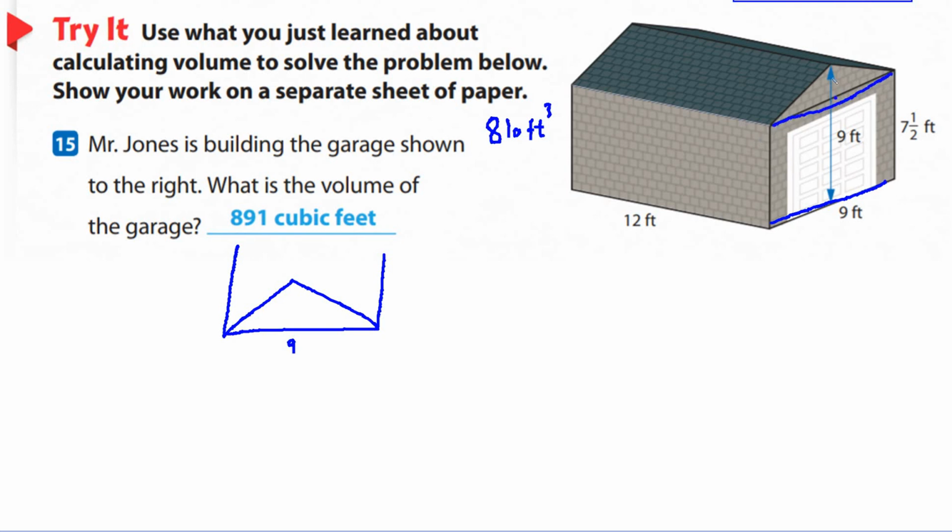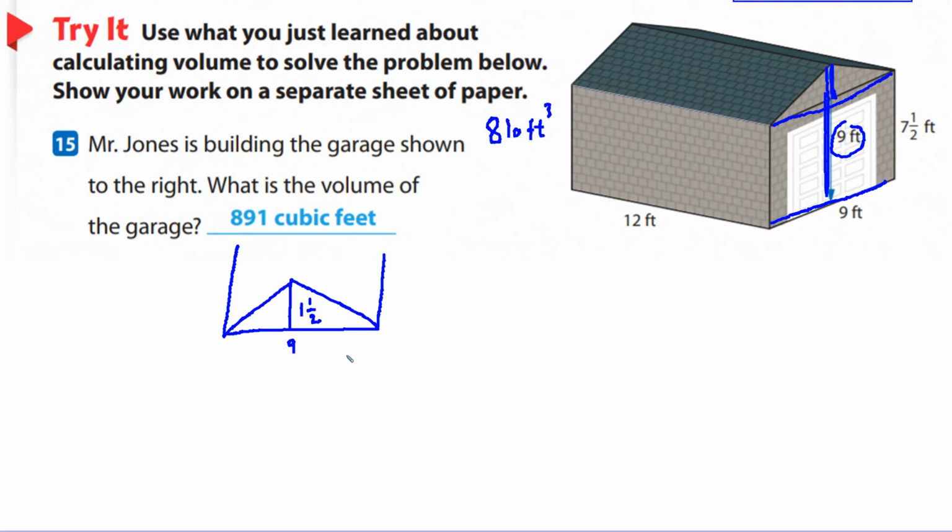What do you think the height would be? Okay, remember this is 7.5. This whole thing is 9. So this has to be 1.5 because the difference, 9 minus 7.5, you get 1.5.